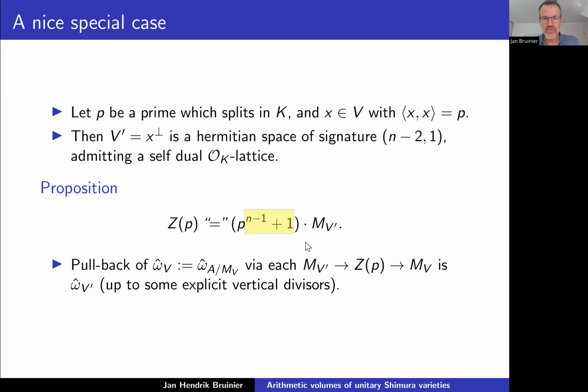And also it turns out that if we pull back our Hodge bundle via the map from M_V prime to this Kudla-Rappaport divisor sitting inside this M_V, then we get the Hodge bundle on this V prime Shimura variety. So everything is compatible. This is quite nice. So this is in some sense a nice special case of these Kudla-Rappaport divisors. You just find similar unitary Shimura varieties in dimension 1 less.